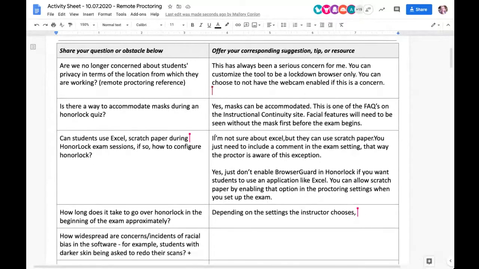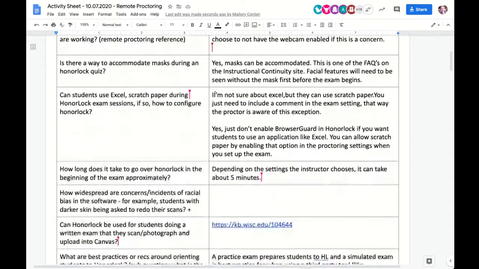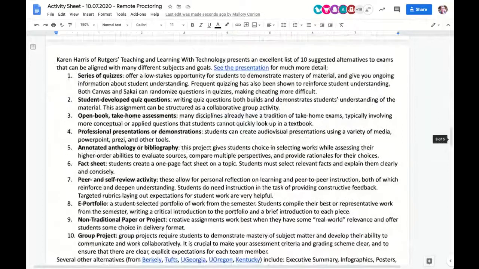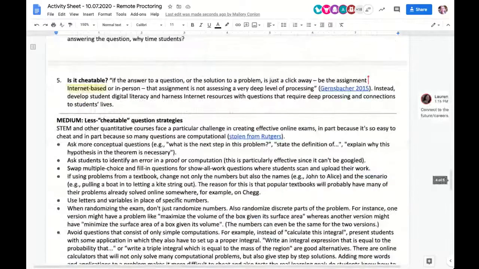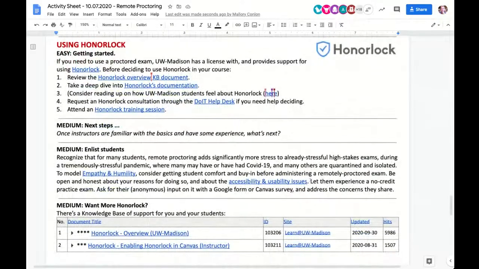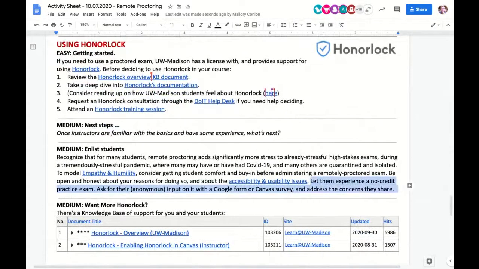I think we often put proctor and high stakes in the same sentence, and I would like to demystify that a little bit for the group. I think Angela and Julie's comments were really right on, that all testing leads to anxiety, but Honorlock can be used in a very low stakes way for quizzing and for knowledge checks and confirmation, for just leveling the playing field for how students use it.